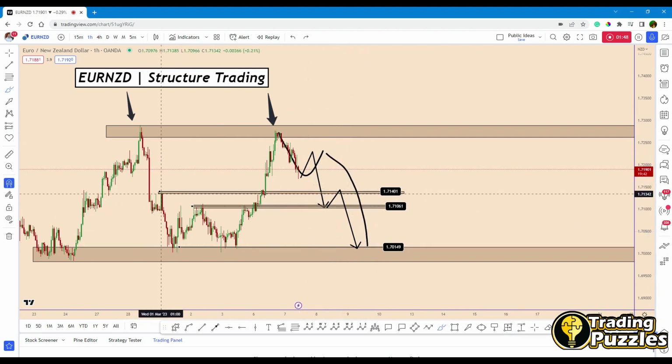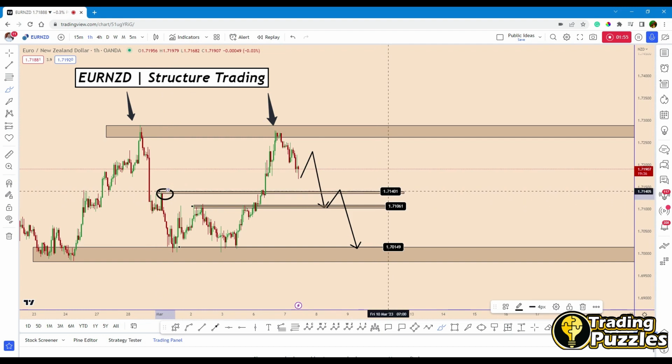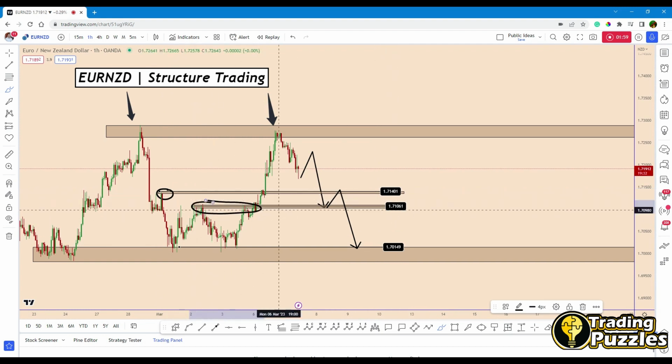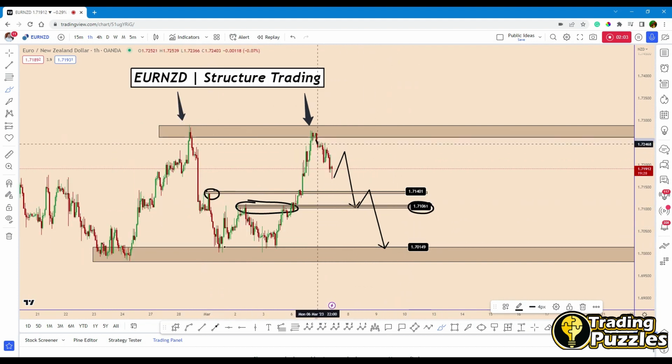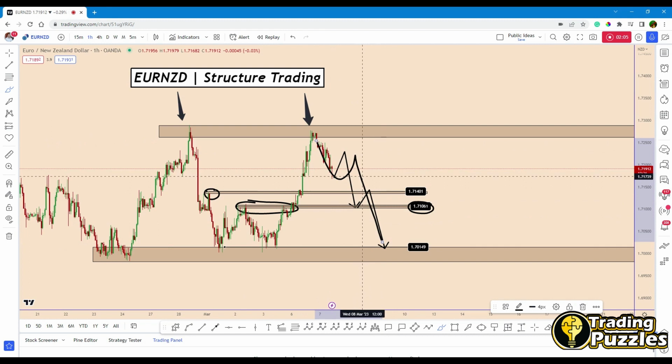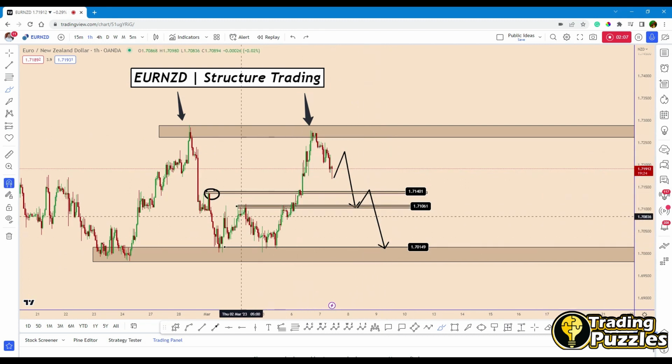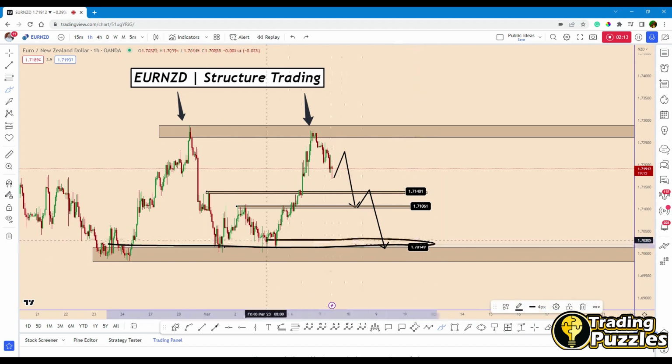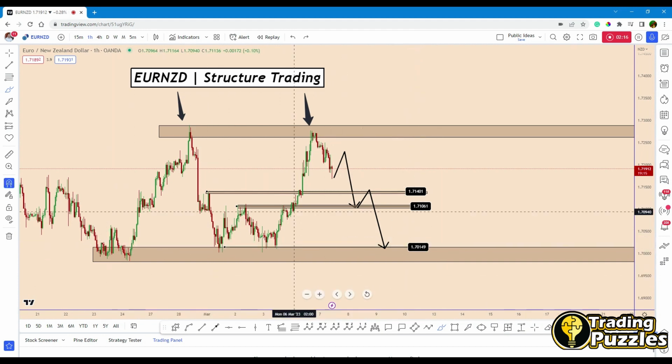I'm focused on two potential targets and support areas. This small structure zone 1.7140 and the main structure area here 1.7106. If price is more aggressive, and I'm expecting the price to come down, the last target will be 1.7015, somewhere close to this structure zone.